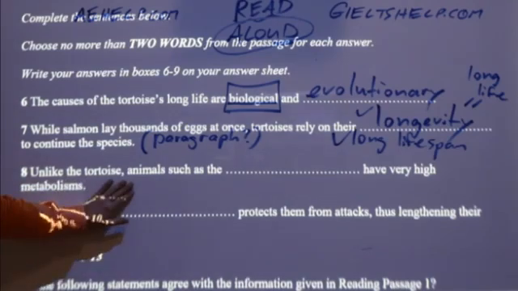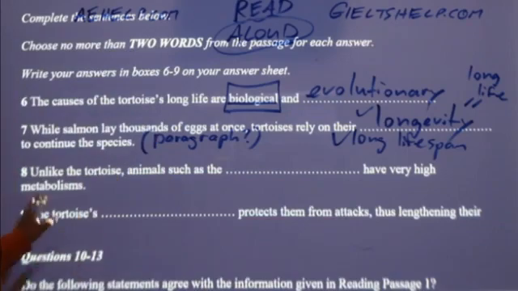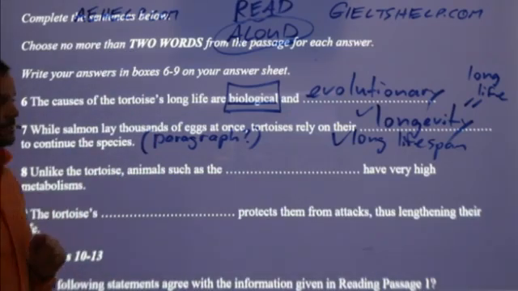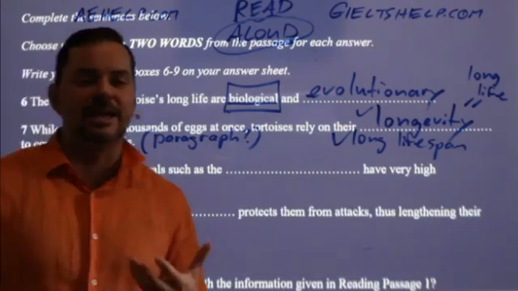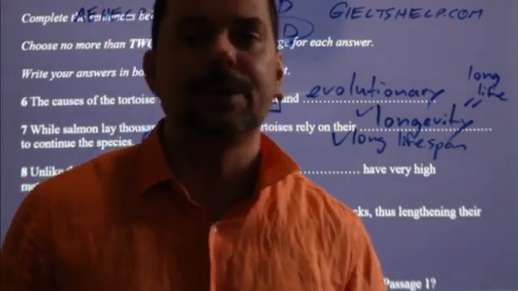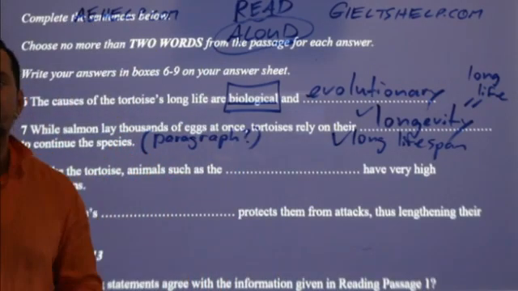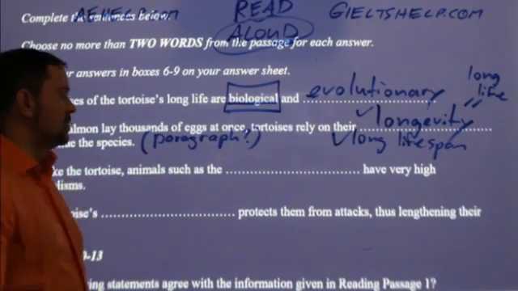Unlike the tortoise, animals such as the something have very high metabolisms. Now, if you know the name of this animal when you read it, I'm sure you will remember. Okay. If not, you might have to search. Ferdows says hummingbird.